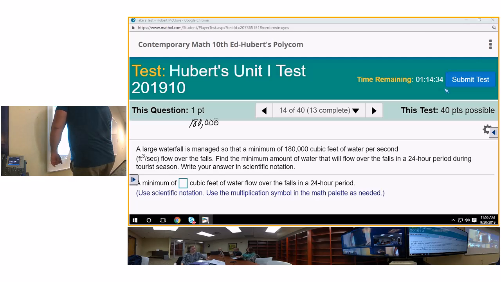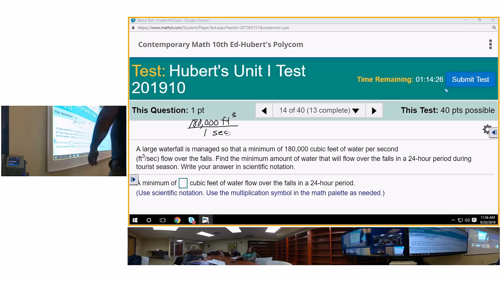180,000 cubic feet per 1 second. Okay, so that takes care of this. That's that. So the only thing left is 24 hours. So that means I got to put what on top over here? Second, minute.